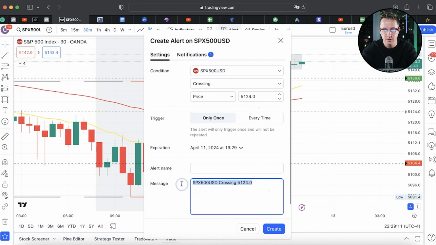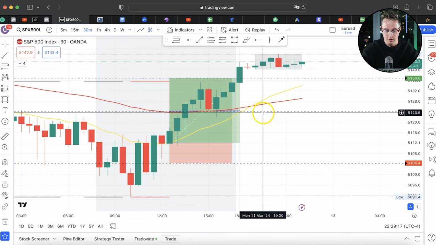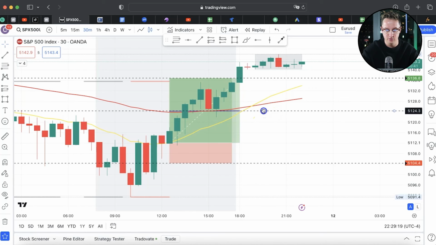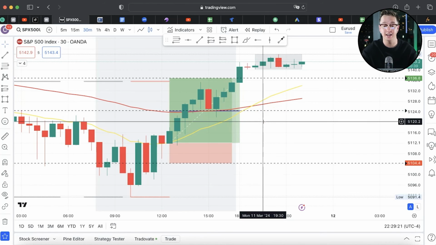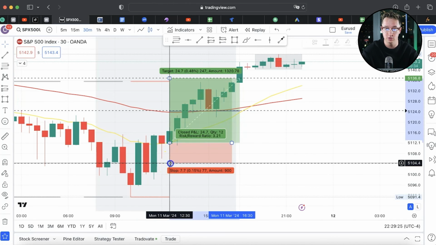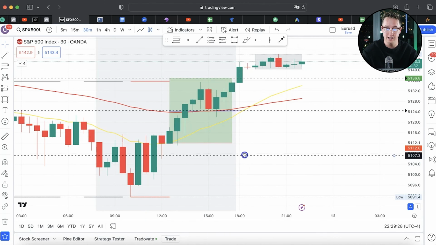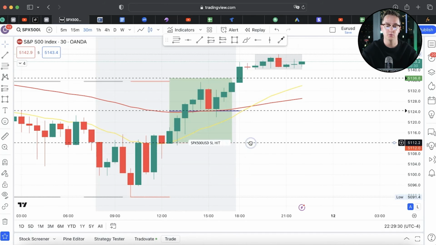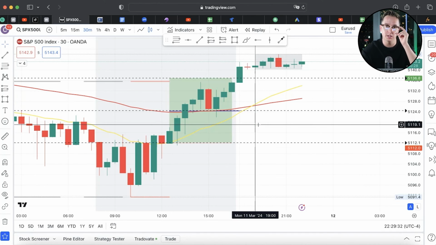And I'll usually put take off 50%. So once price hits that level, I know, okay, I need to take off 50% of my position and I need to trail my stop loss to my entry. And I can even drag this stop loss too. So then I know if my entry stop loss is hit.